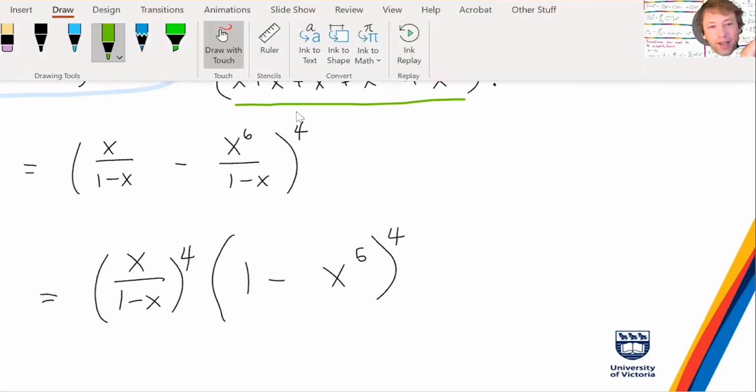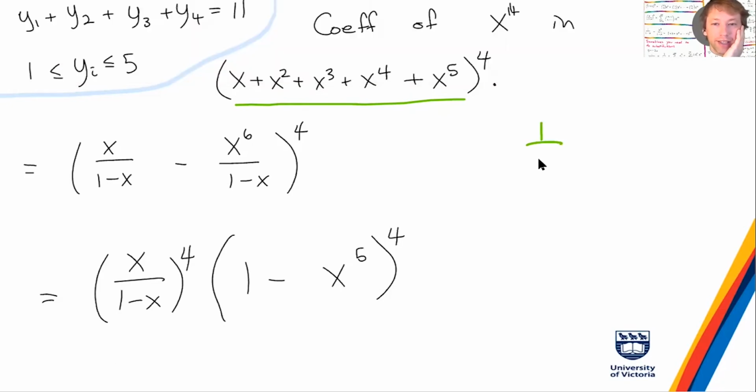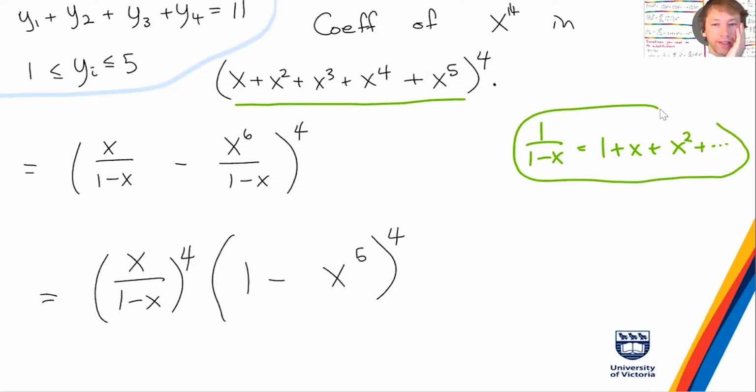This is the most fundamental generating function that we're going to see in this course. A lot of stuff we do, maybe not everything, can really be boiled down to manipulating this function.